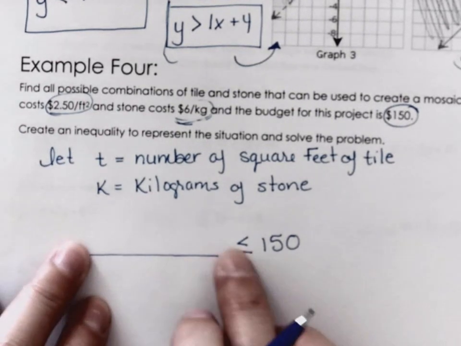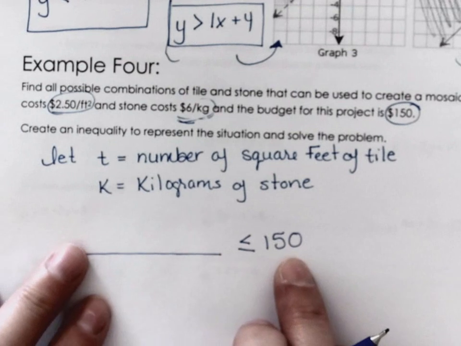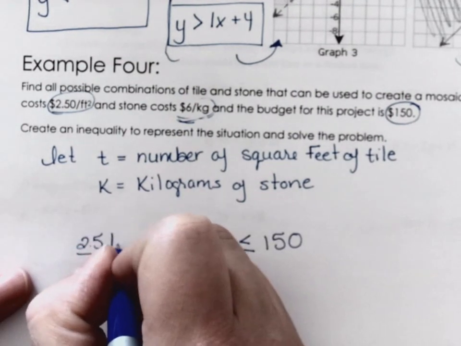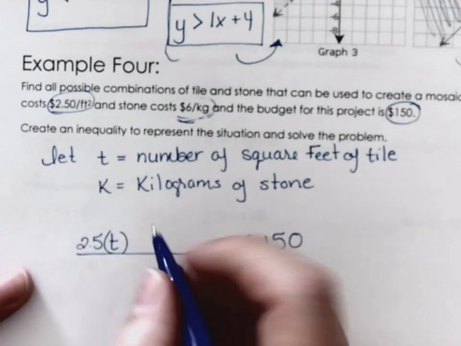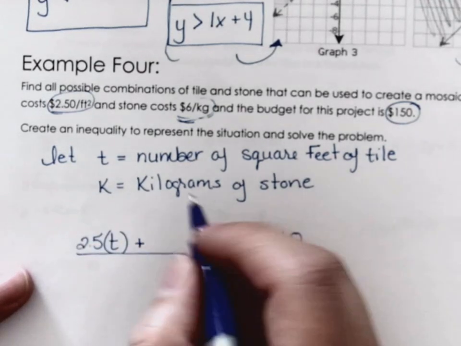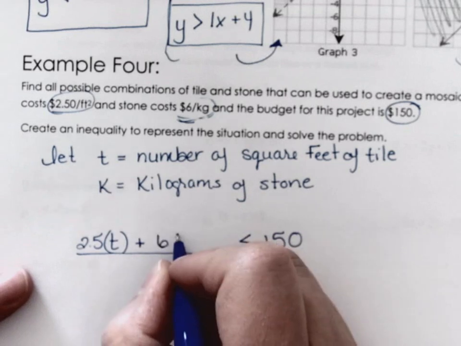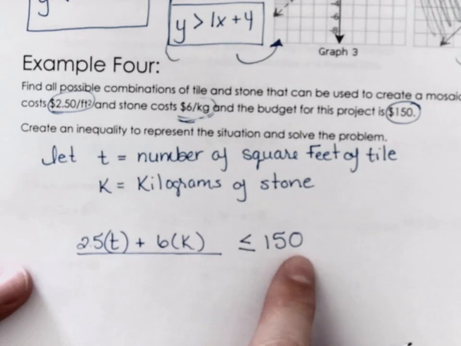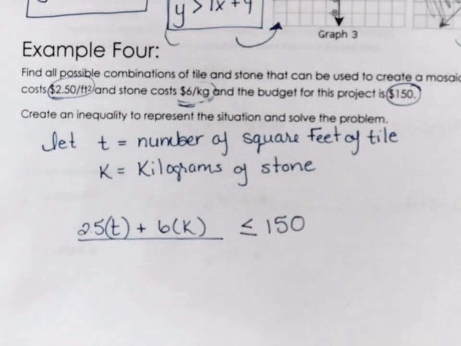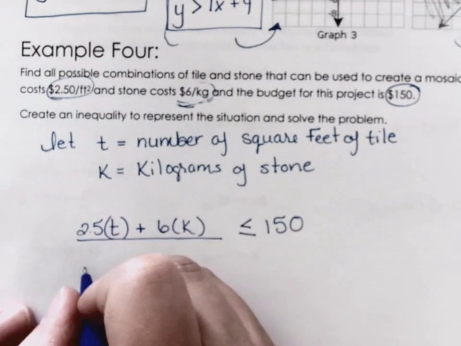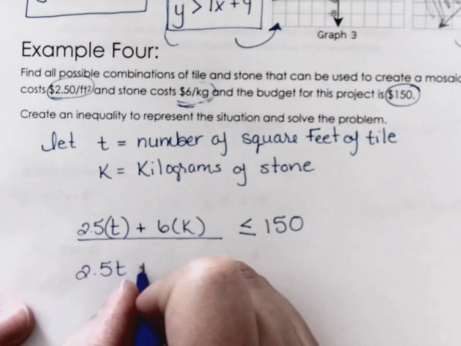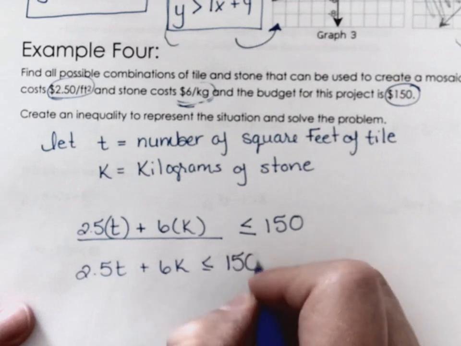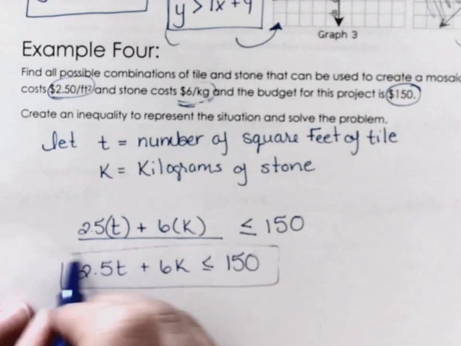So all we're going to do here is take our 2.50 times t, the number of square feet we need, plus the number of kilograms of stone, and it's $6 per kilogram. And we know this amount has to be less than or equal to 150. So we have created our inequality. I'm just going to write that out a little prettier. So that's my inequality.